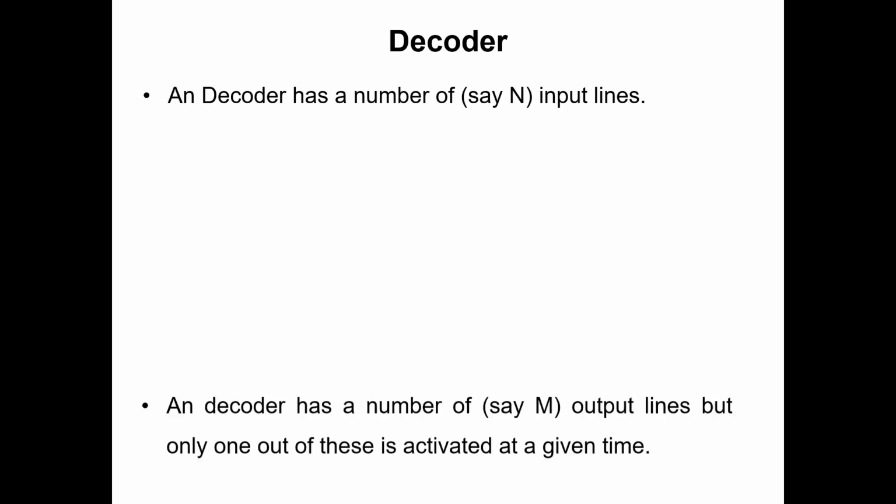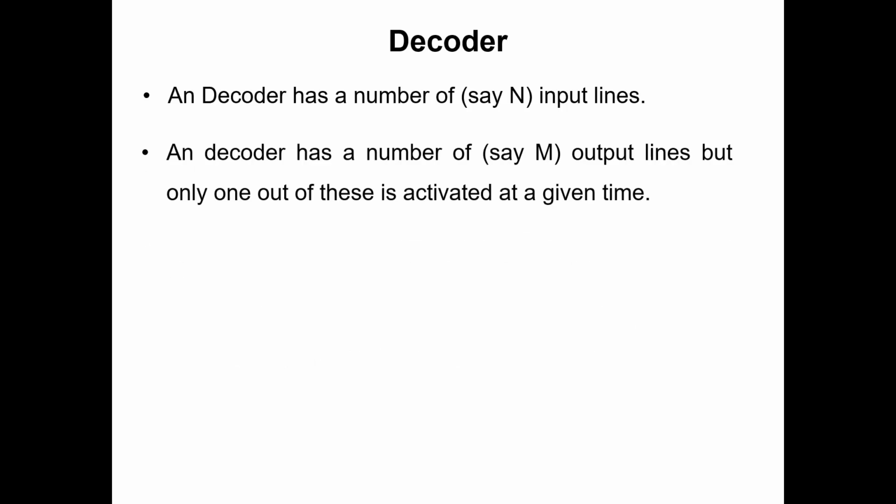The next one is the decoder. A decoder has a number of, say, n input lines and a number of, say, m output lines, but only one out of these is active at a given time. Means the decoder is opposite to the encoder.